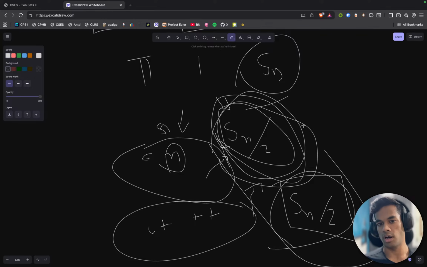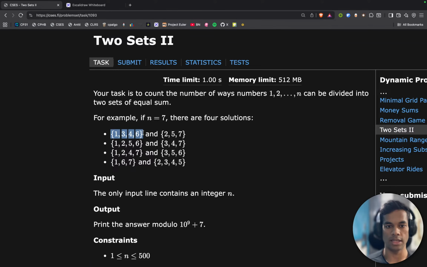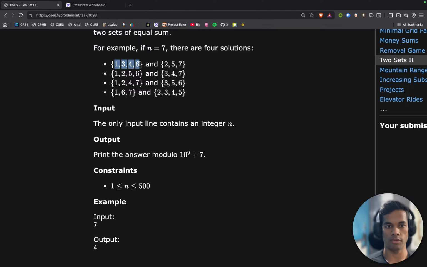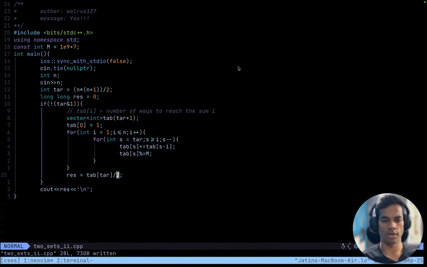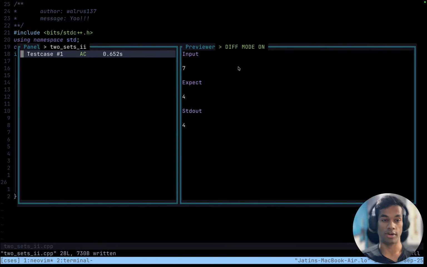You are considering these two ways as one way, because when you are using some coins to get to a sum of Sn by 2, you are at the same time using those not used coins to put into the other set. So therefore you have to divide by 2 here, and hopefully it works.